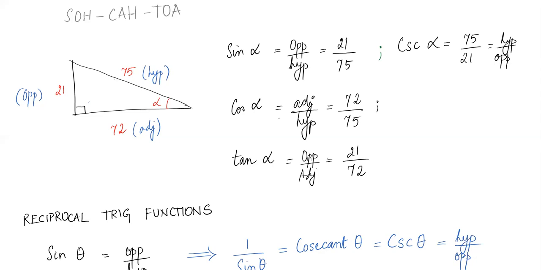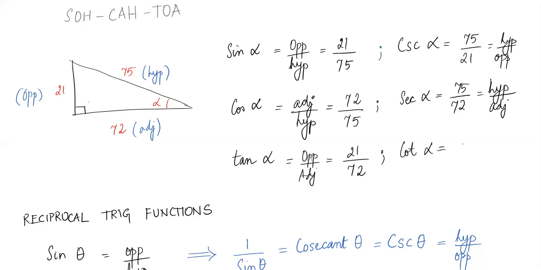And then the reciprocal of cosine alpha is secant alpha, and that will be 75 over 72, but that's actually your hypotenuse over adjacent. And lastly, the reciprocal of tangent is cotangent.